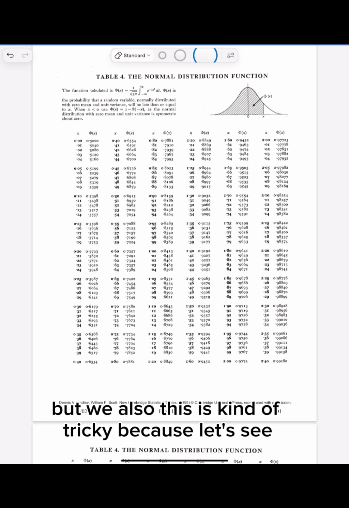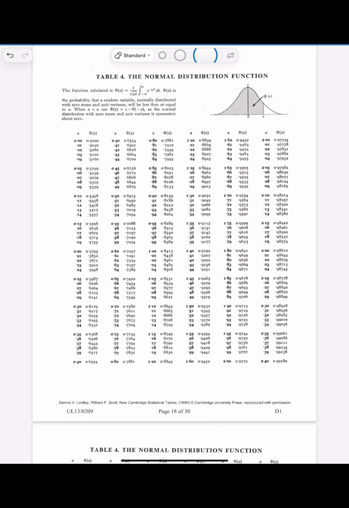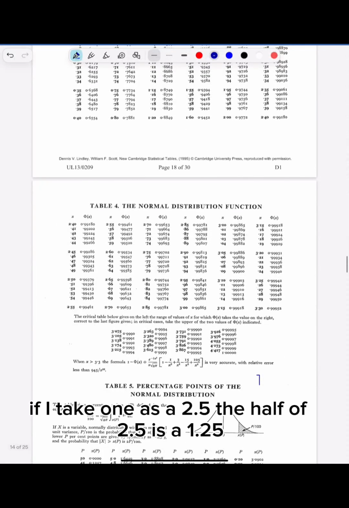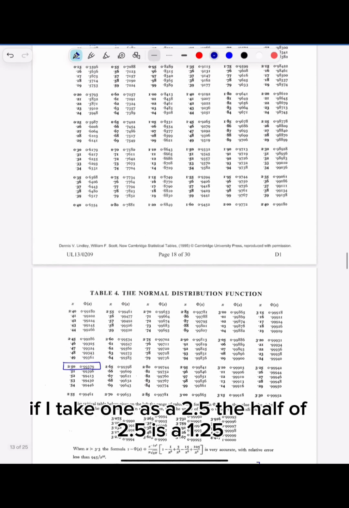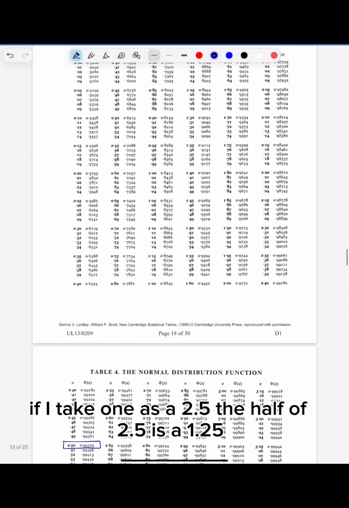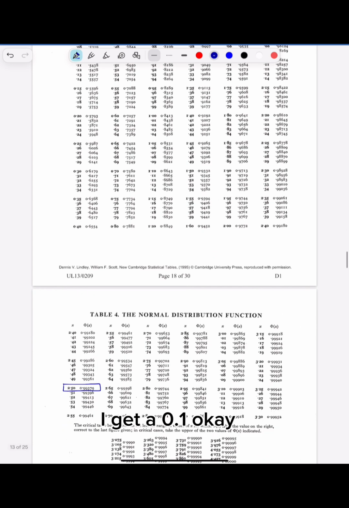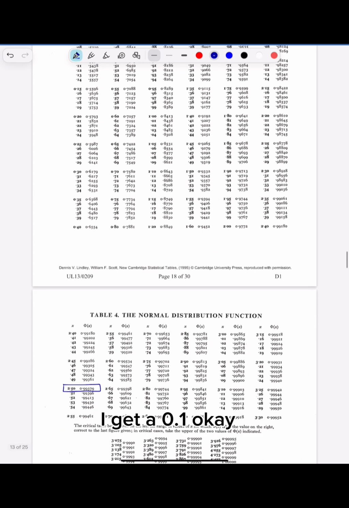This is kind of tricky because, let's see, if I take one as 2.5, half of 2.5 is 1.25, but then I need to make sure that when I subtract these, I get 0.1.